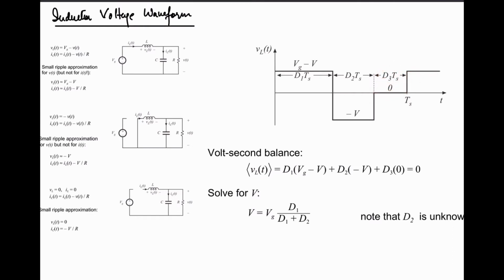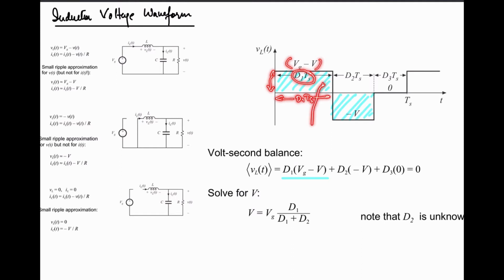Now if you apply the volt-second balance, that is the average area covered by this waveform, that should be equal to 0, then the average value across the inductor will be 0. So that is shown over here: d1 Ts into Vg minus V. This is Vg minus V, and this is d1 into Ts.